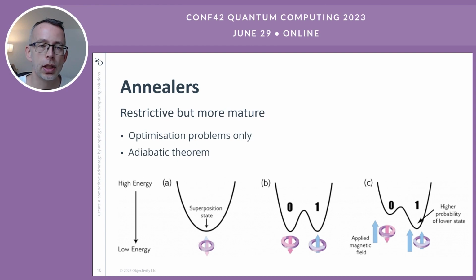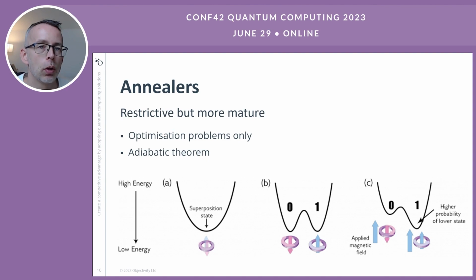And that is the basic idea of an annealer. You start with a superposition of states with a well-defined Hamiltonian, and then you start slowly changing the Hamiltonian, and as it were the temperature of your system, to a Hamiltonian that represents the optimization problem you're trying to solve.